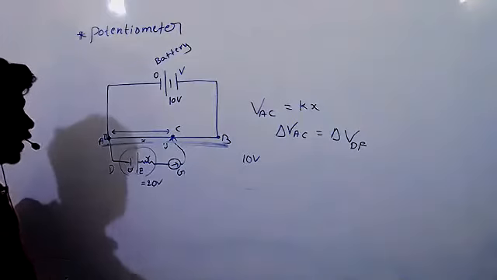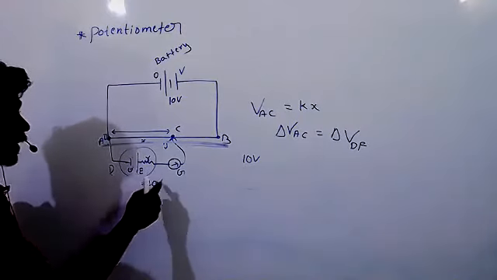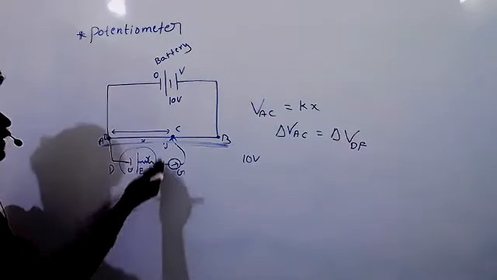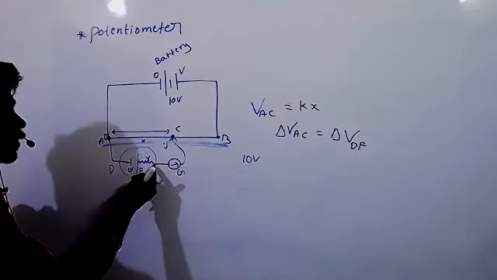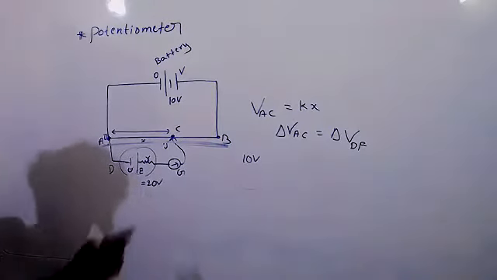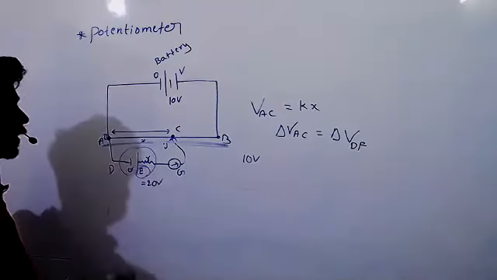Now, whatever you connected, that is 20 volts. Can you calculate now? It is more than the potential drop. When it is more than the potential drop, then you won't get a null point anywhere. If you don't get a null point, then you can't calculate EMF.